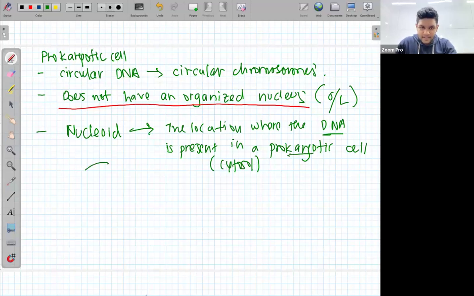So if you take a bacterial cell, now this is a bacterial cell. In a bacterial cell, the DNA is present in this manner, circular DNAs. Now see, this is the circular DNA.